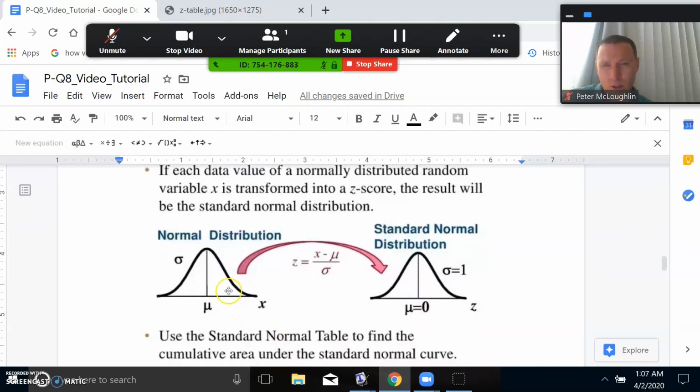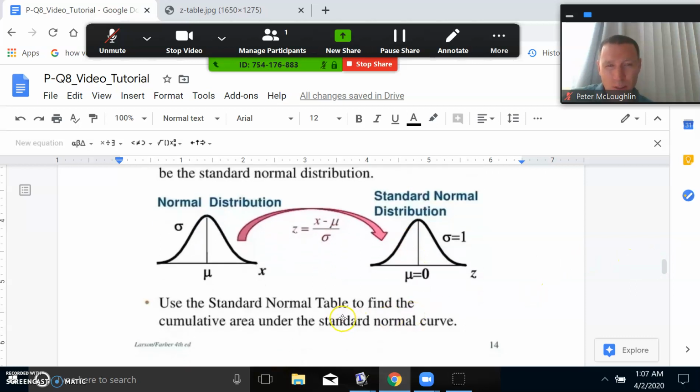So here's our normal distribution. We can map it into the standard normal using this mapping, (x minus mu) over sigma. And then we can use a standard normal table to find area. Let's do an example now.